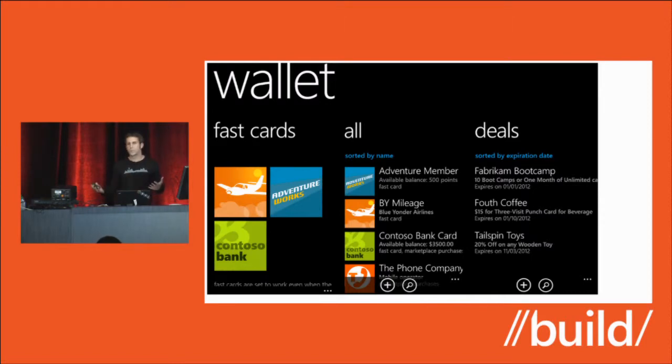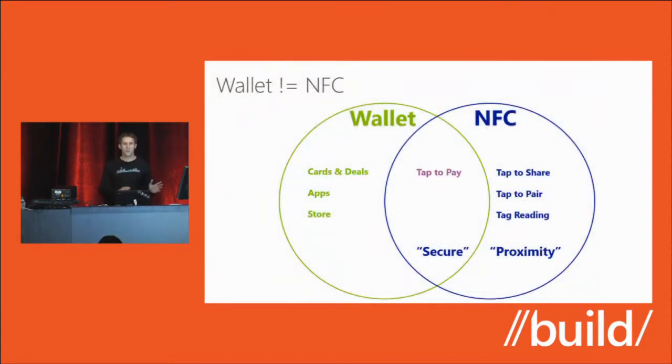Whenever I bring up the word wallet to different people, I'm always surprised by the fact that it means different things to different people. And one of the more frequent things that people think when they hear wallet is NFC and tap to pay. And so I wanted to just spend one slide saying wallet is not NFC. So there are 2 different stacks.